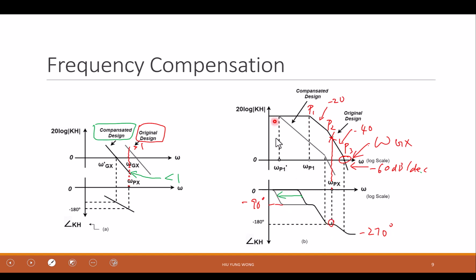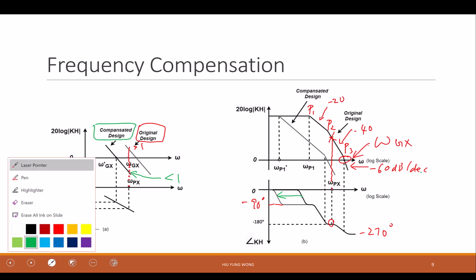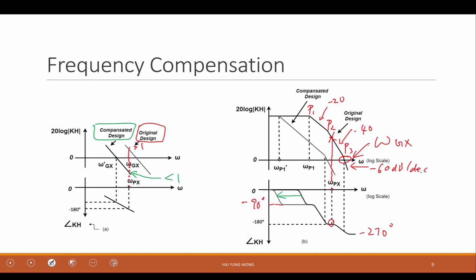And by doing this, now my gain crossover frequency is about here, so that my gain crossover frequency is now smaller than the phase crossover frequency. This is omega gx dash.